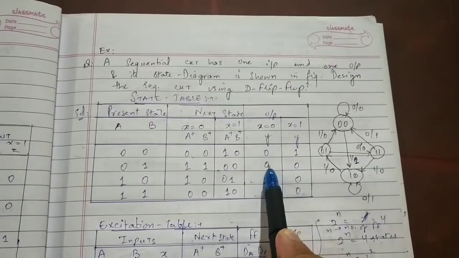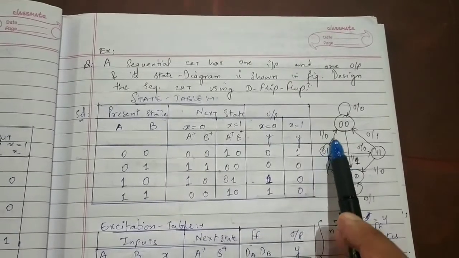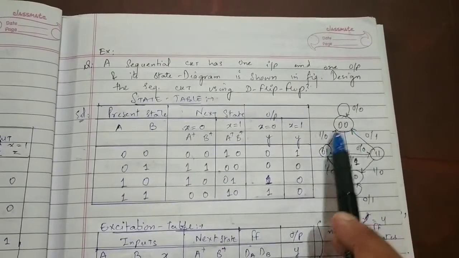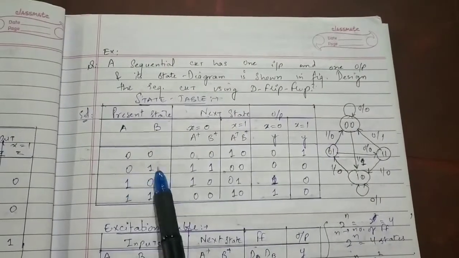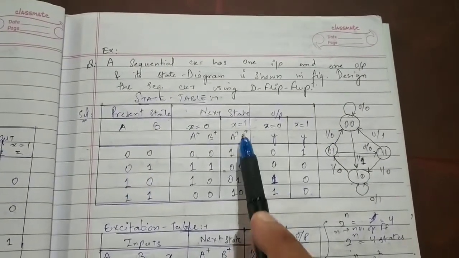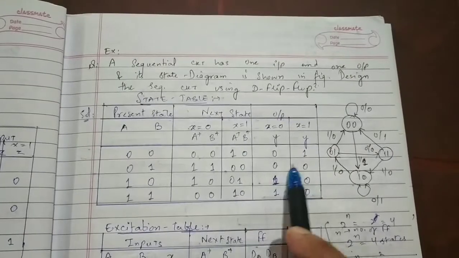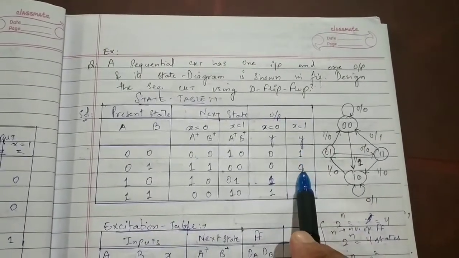And for 01, the next state is 00 when input x is equal to 1, and output y is equal to 0.